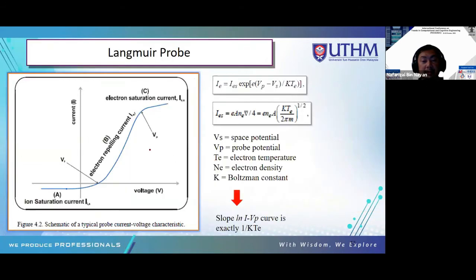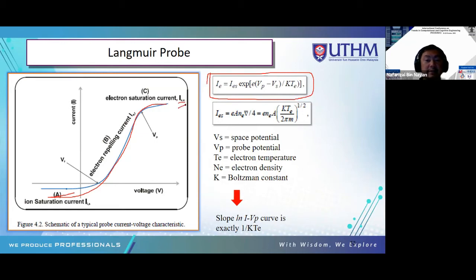From the probe you can get the current. This is the ion saturation current. So this is the equation for the ion saturation current, where I_ES is the ion saturation current, if I'm not mistaken. So this is the current here.